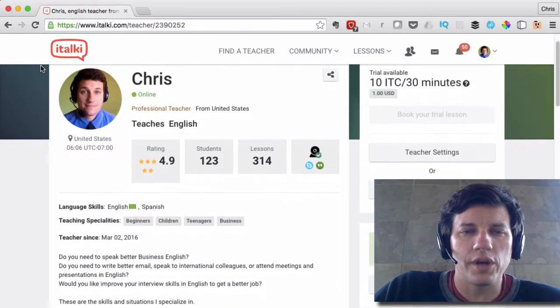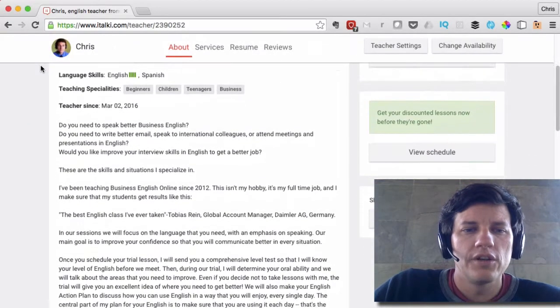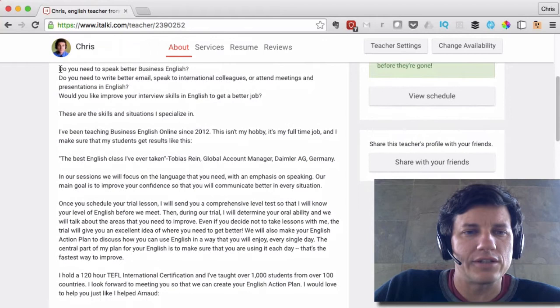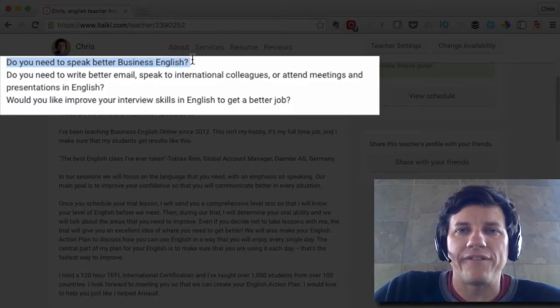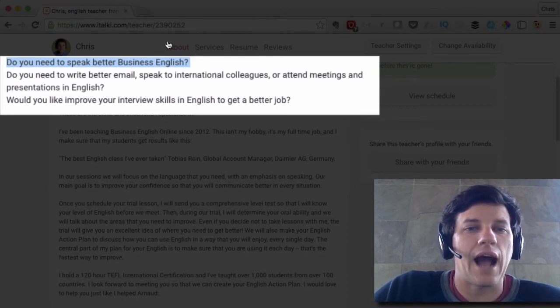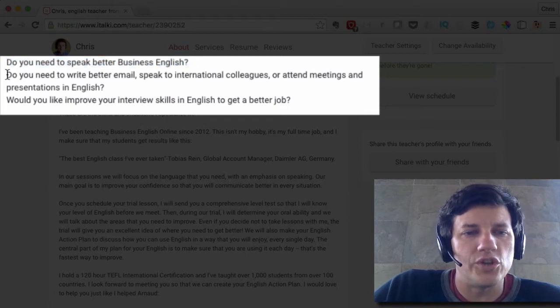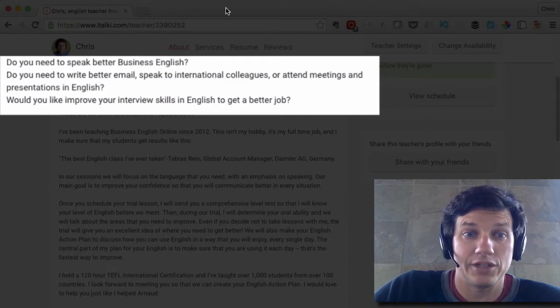So we're going to look at the words that I've used that attract students. Here's the first sentence: Do you need to speak better business English? Again, I'm defining the people that I'm talking to. I'm saying I'm looking for business English people. And then I'm asking more questions. Do you need to write better emails, to speak to international colleagues, attend meetings and presentations in English?